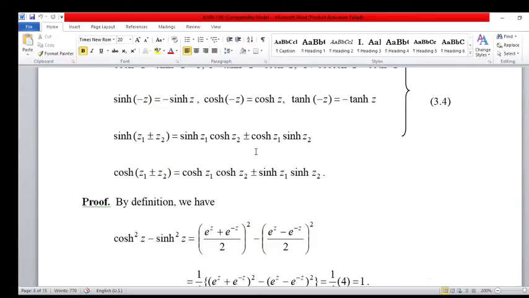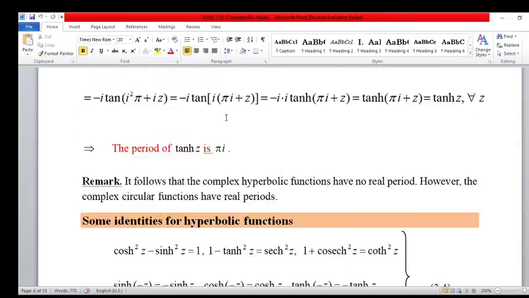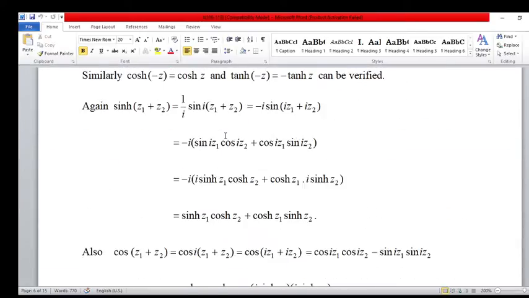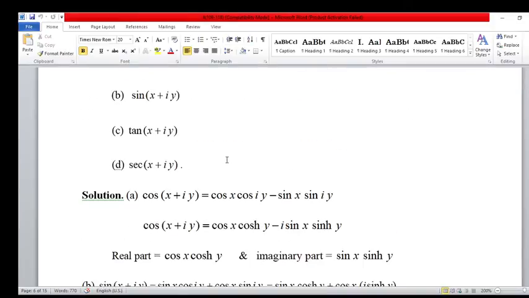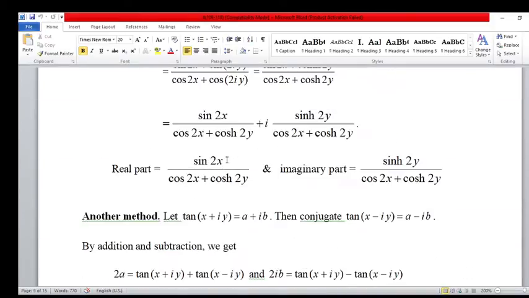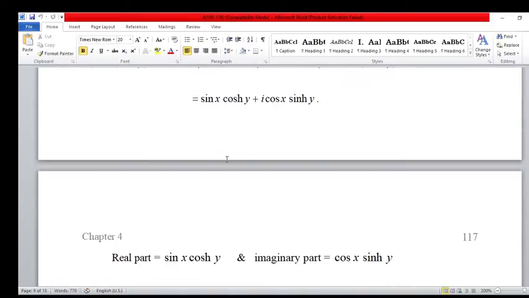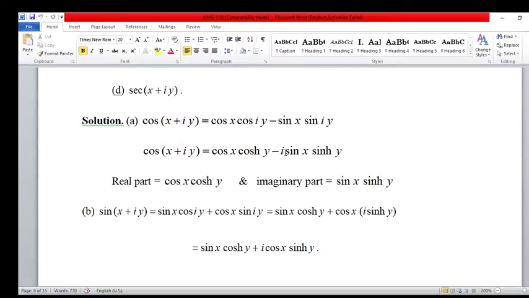This we have already seen. And here, i sin x, and sin iy means i sin hyperbolic y.